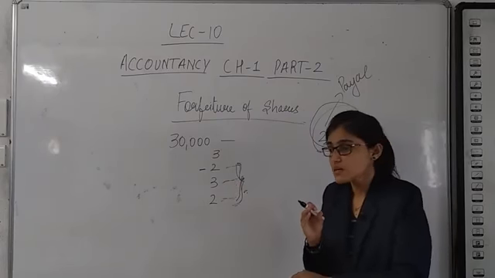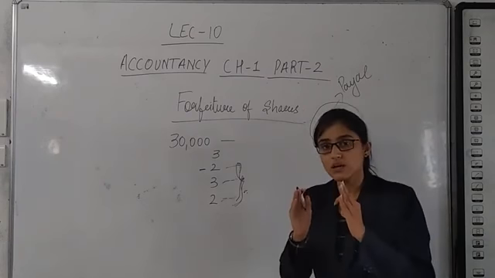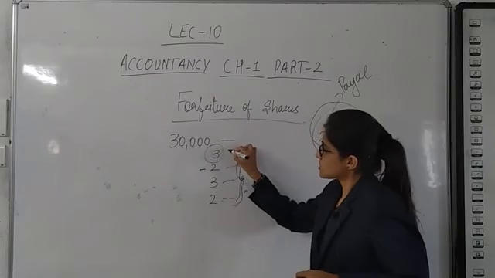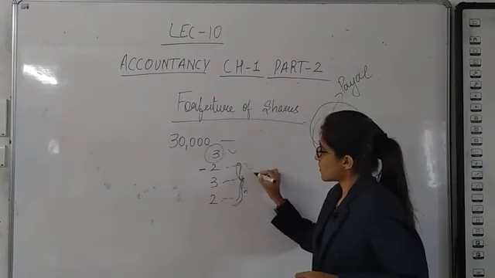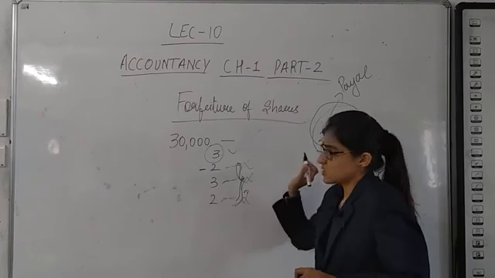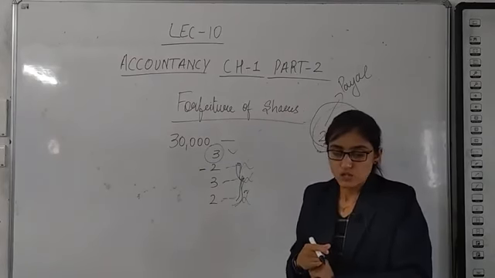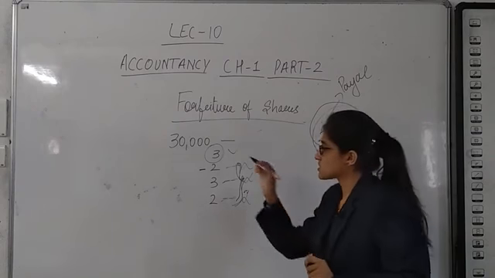So this simply means that the buyer has paid only the application money. Only this much has been paid. This is not paid, not even this, not even this. So what you are going to write in the forfeited shares account is this.